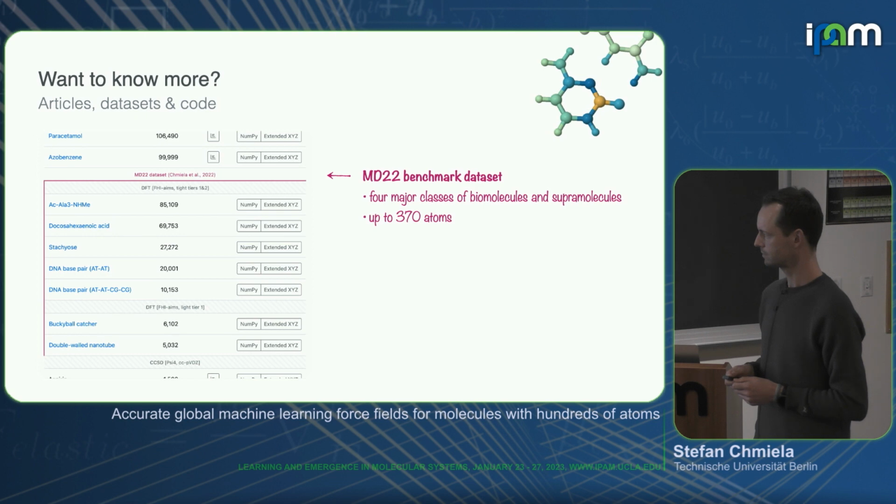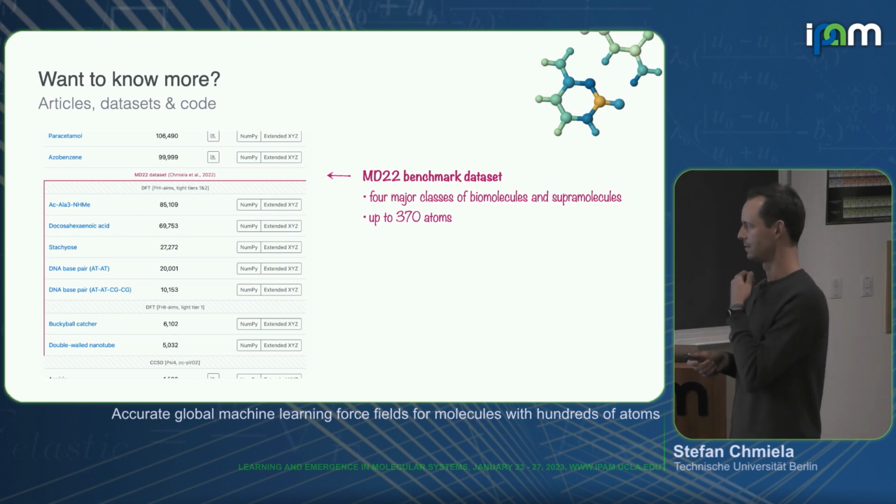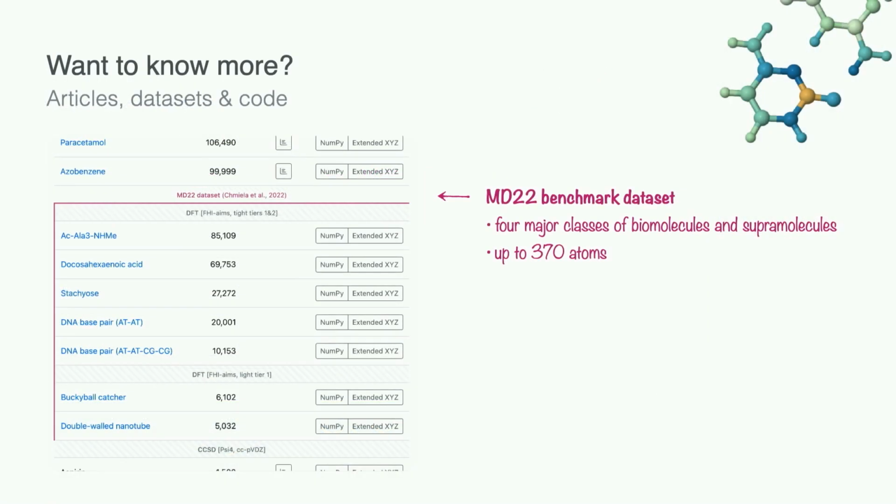Okay, so one last thing I would like to advertise is our new data set. A few years back, we introduced the MD17 dataset of small molecules with a few dozen atoms. And obviously, global interactions at those scales are not as important. So now we have an updated dataset that presents global and non-local phenomena on a much bigger scale.